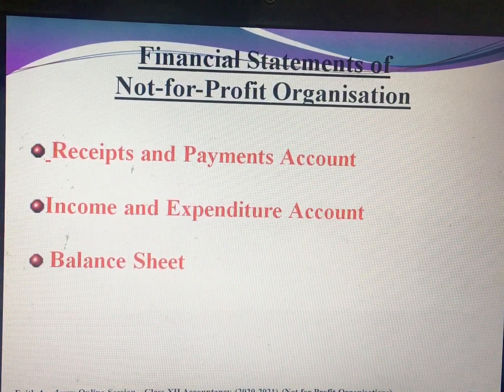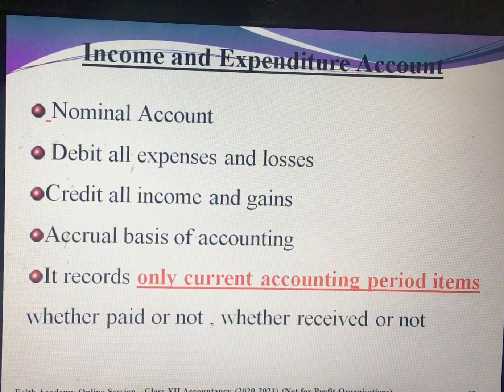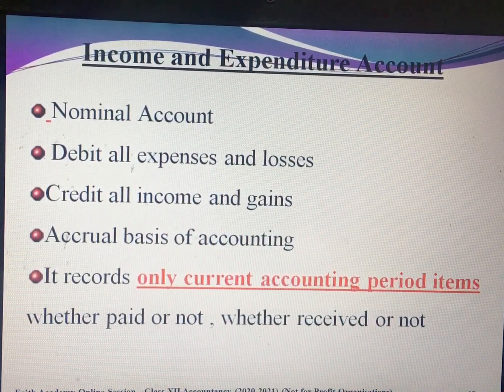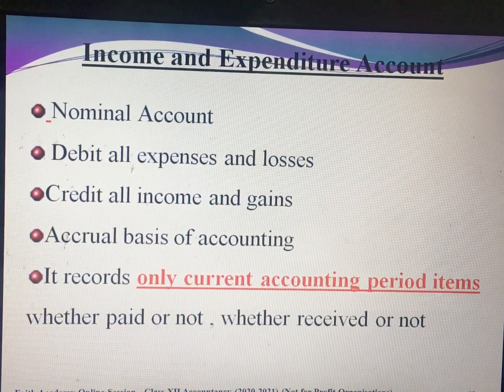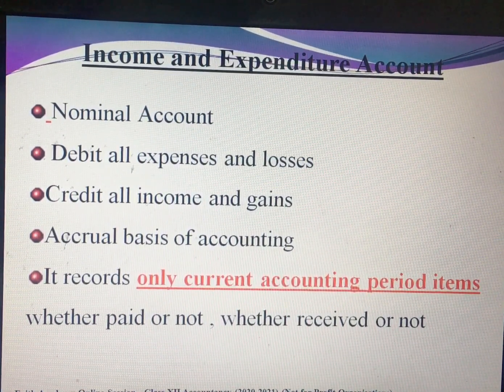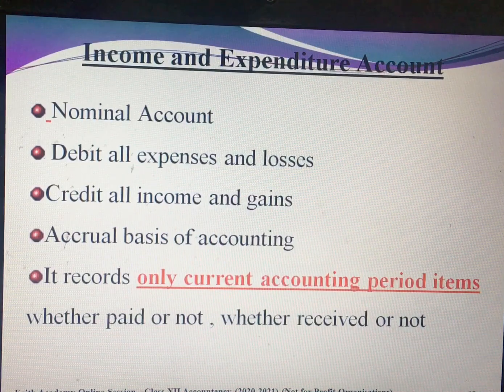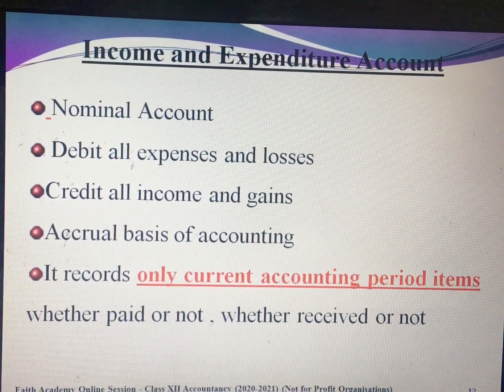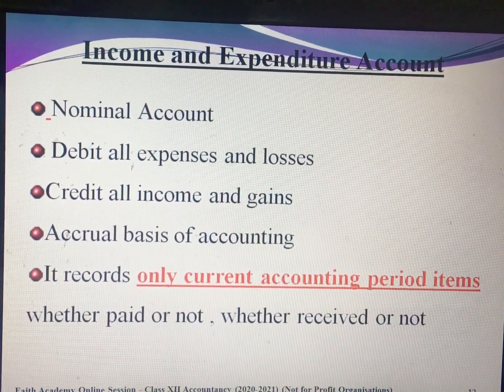Okay, we'll be talking about income and expenditure account now. Income and expenditure account is a nominal account. So all of us know that the rule of nominal account is debit all expenses and losses, credit all income and gain. So actually when we maintain this account, debit side is going to be the expenditure and credit side is going to be the income.